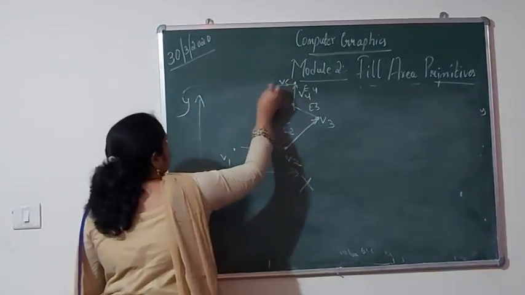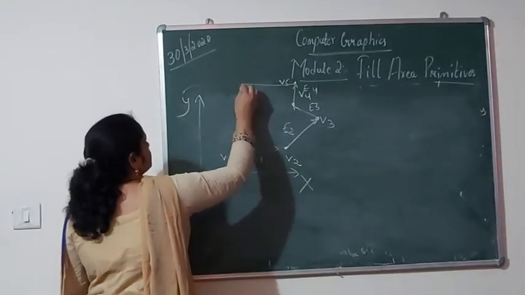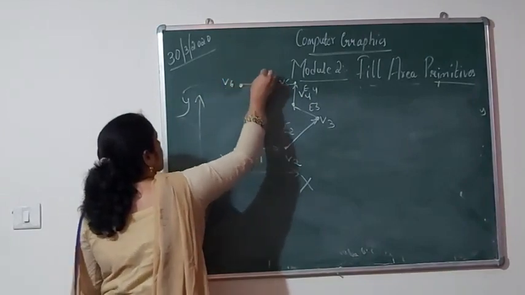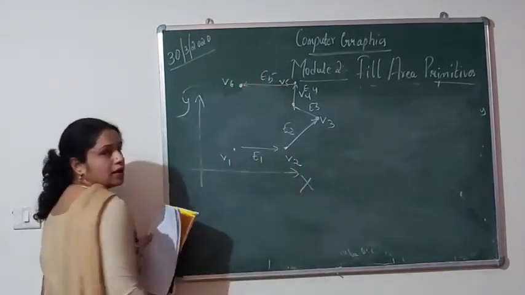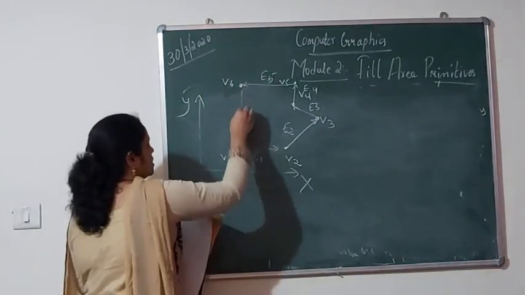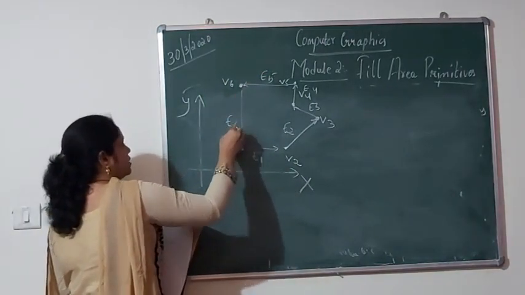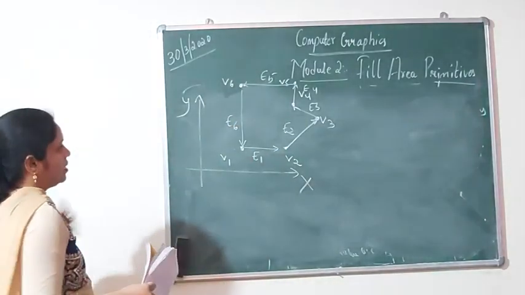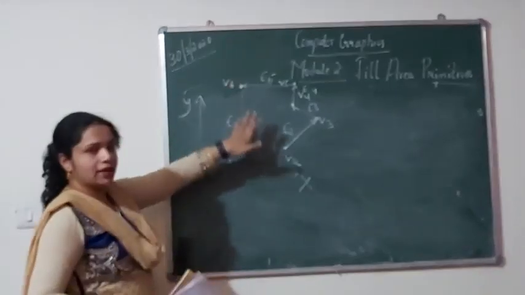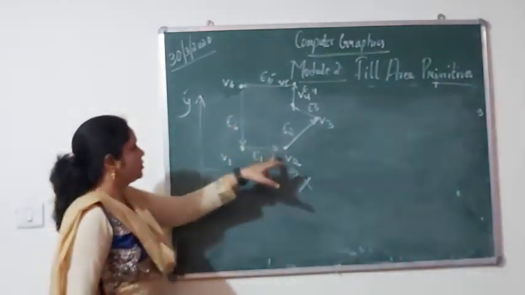Again vertex 5 to vertex 6, I have an edge, this is E5. Again vertex 6 back to vertex 1, I have an edge, this is called E6. So like this my polygon is made of 6 vertices.